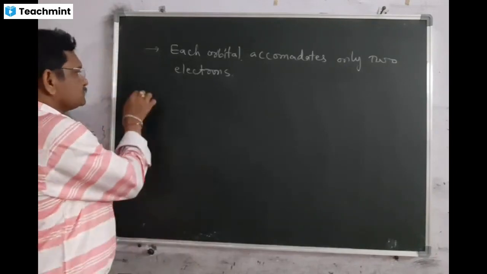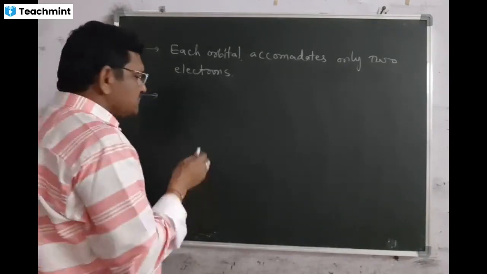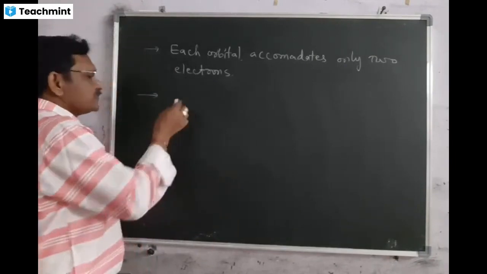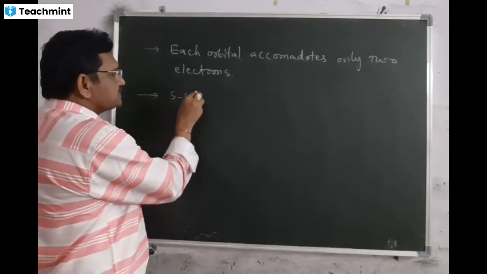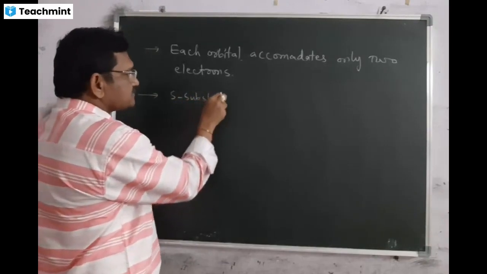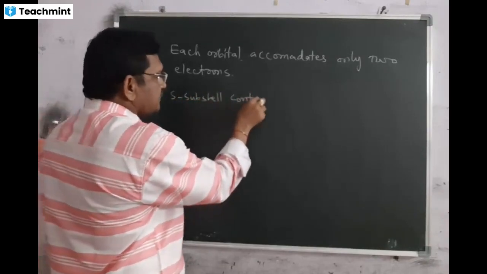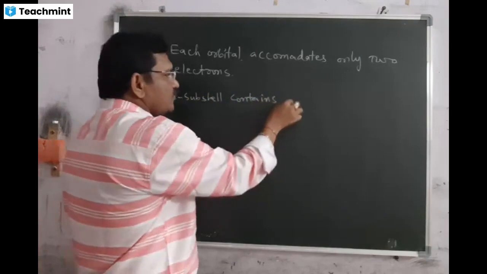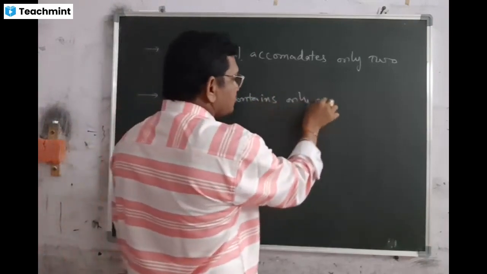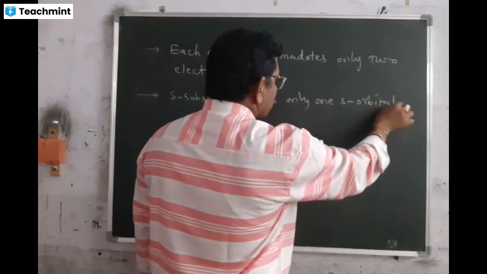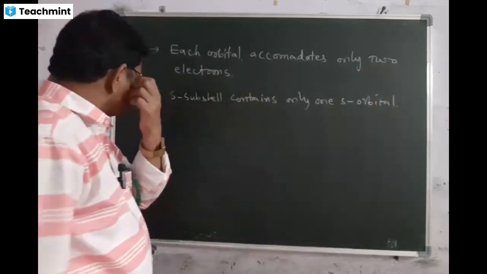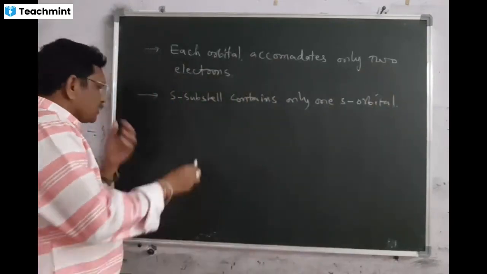Just now I said the same thing, and I write it here. Note down: the s subshell contains only one s orbital.